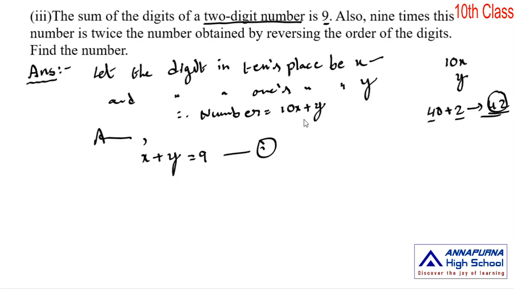This total expression presents the required two digit number. So 9 times of this number, 9 into 10x plus y, is twice the number obtained by reversing the order of the digits.